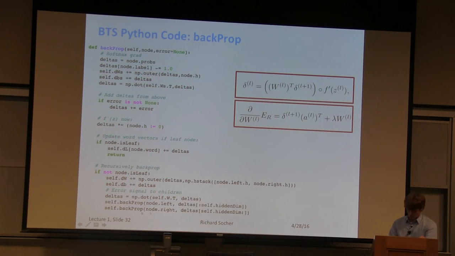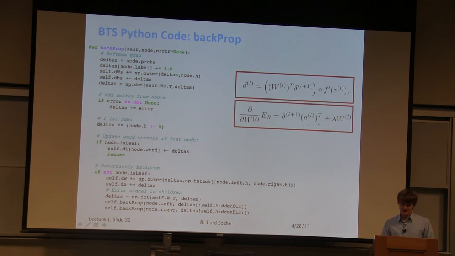Now this one is where all the juicy bit and all the interesting stuff is. Our derivative of W is the outer product, just like we have here, between delta and the activations. The activations in this case are just the concatenation of your left and your right children.